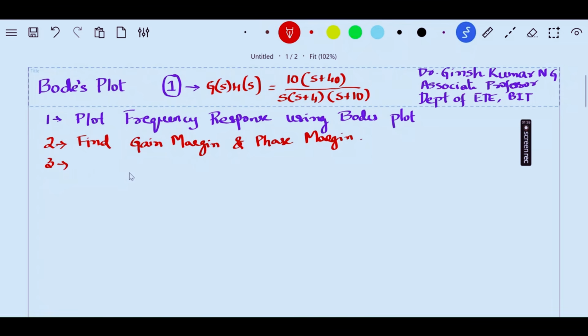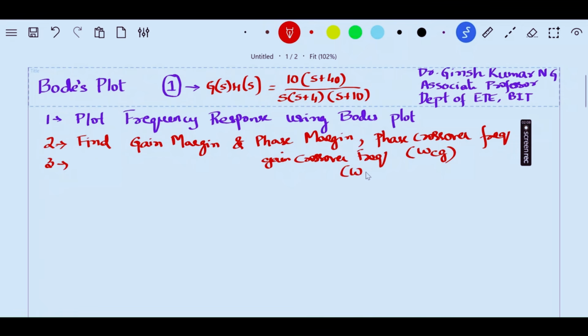And the third point here is, after finding the gain margin and phase margin, we also try to find the phase crossover frequency, which is omega CG, and the gain crossover frequency, which is omega CP.